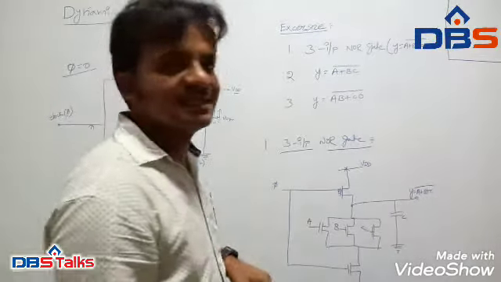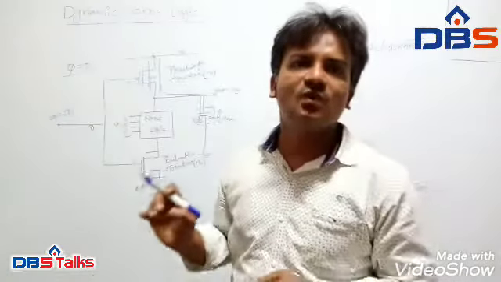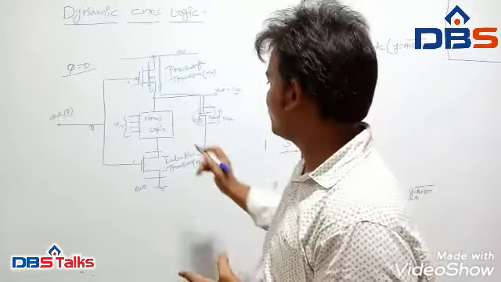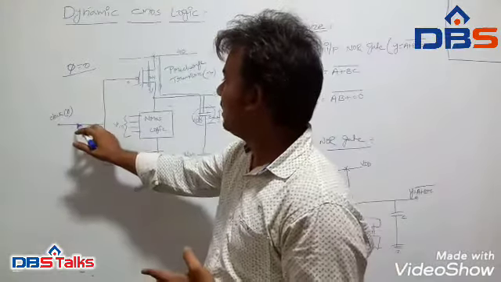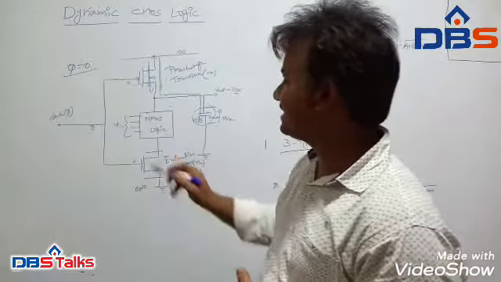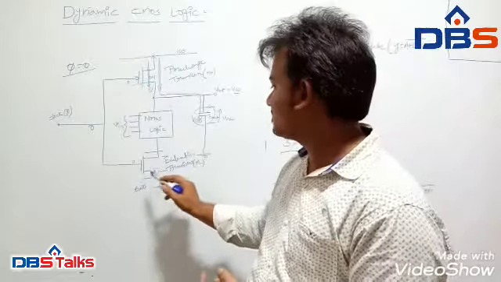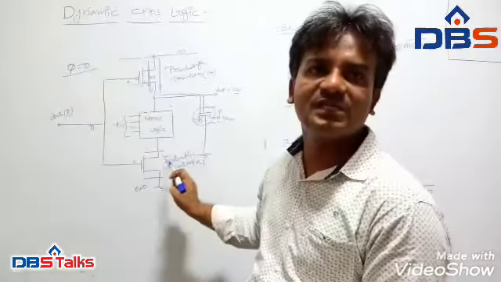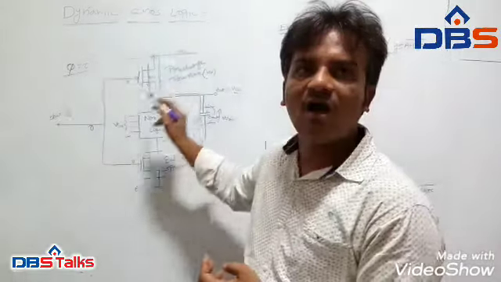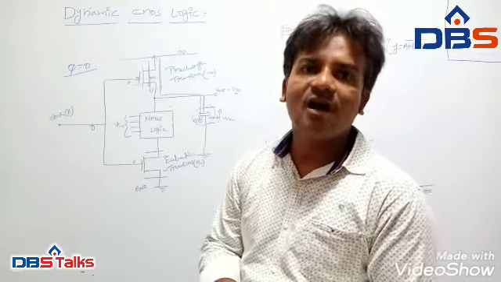The second case, case 2, is when the clock phi is equal to 1 and the circuit is in the evaluation phase. If we apply phi equal to 1 at the input of the two transistors, the NMOS transistor is in the evaluation phase, with the PMOS device off and the evaluation NMOS device on.